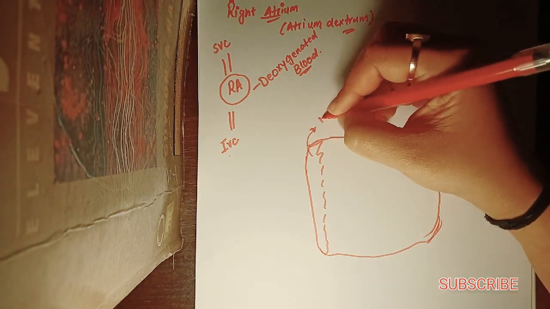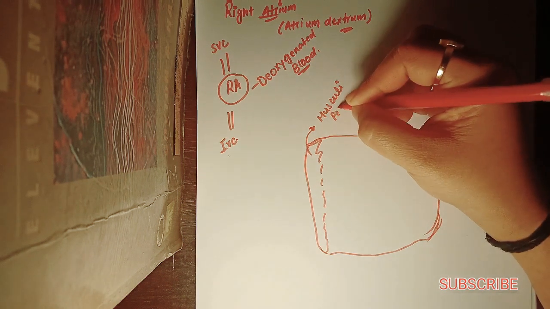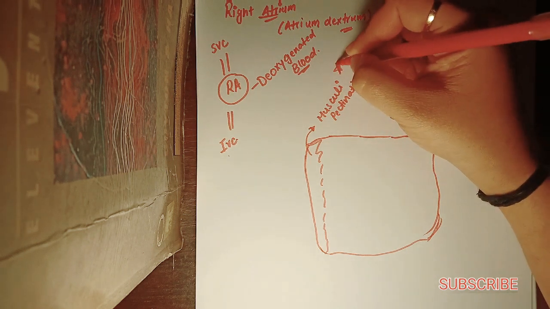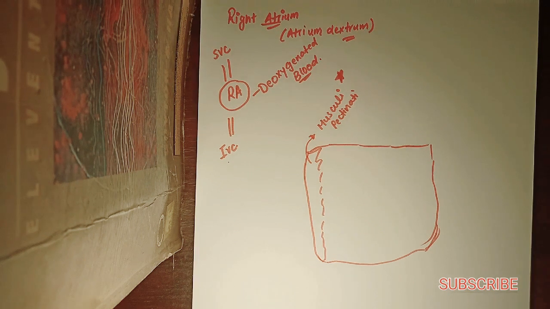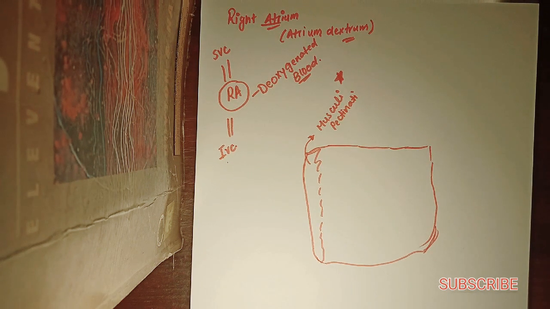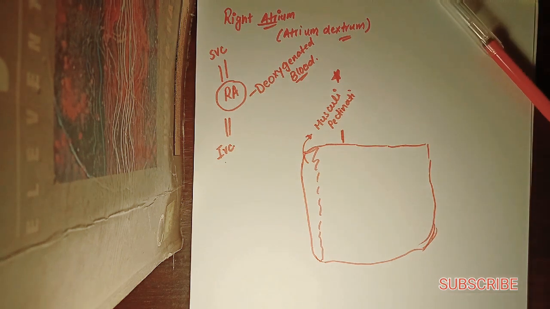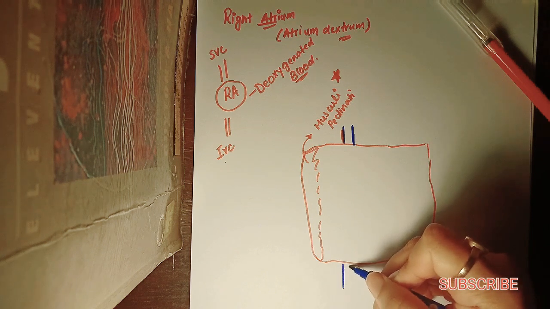The important muscle is known as musculi pectinati, or pectineus muscle. Then here we will have the SVC and IVC, let me draw them in blue color.